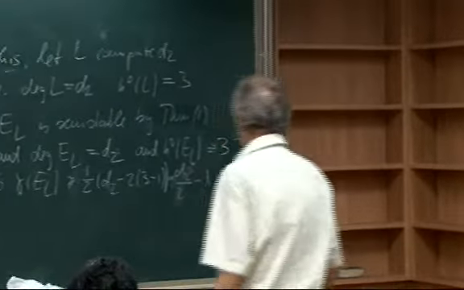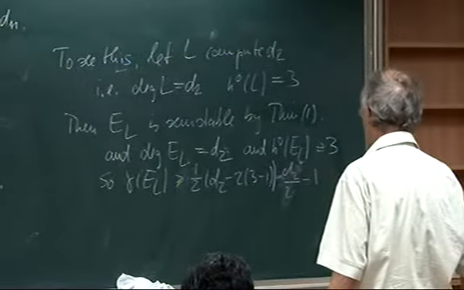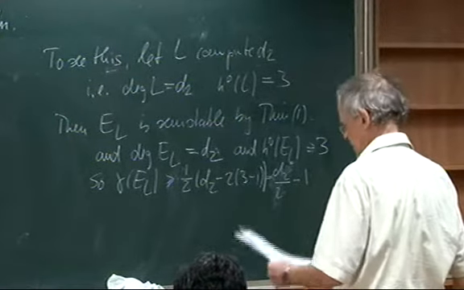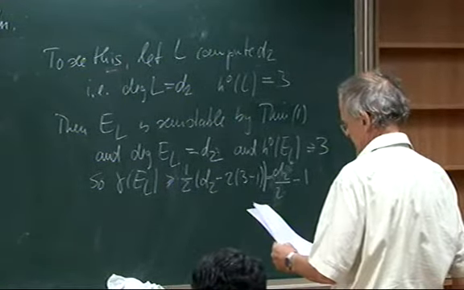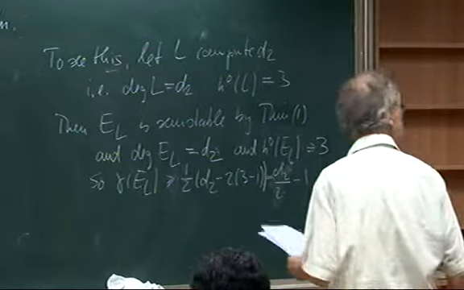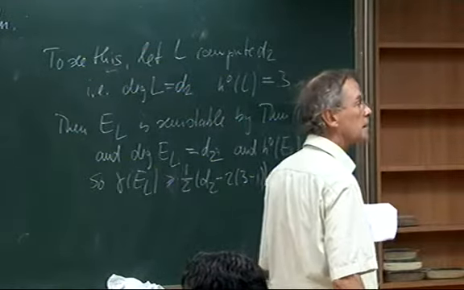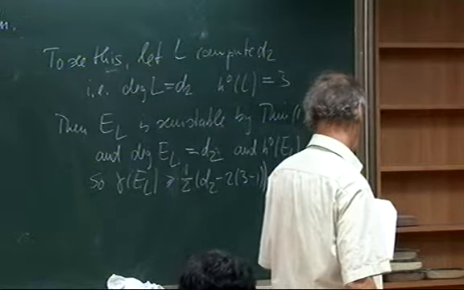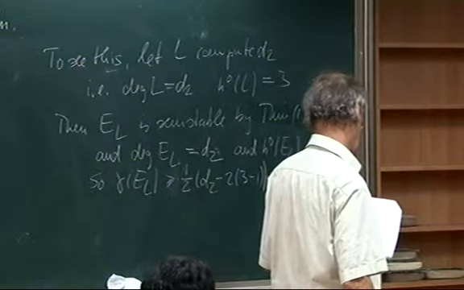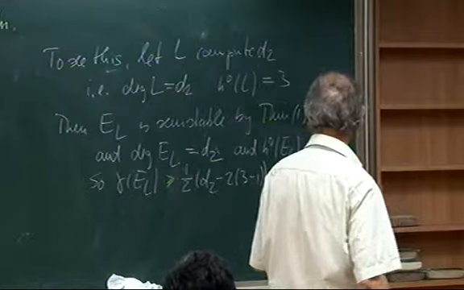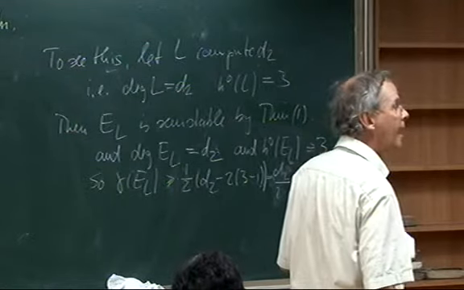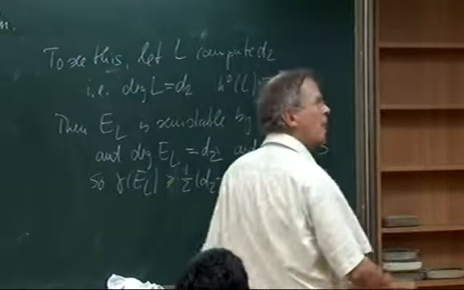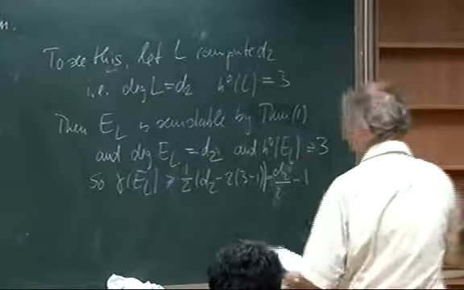Times 2 is 4, D2 over 2 minus... Simple mistake. This is minus 2, by definition, just an error here.